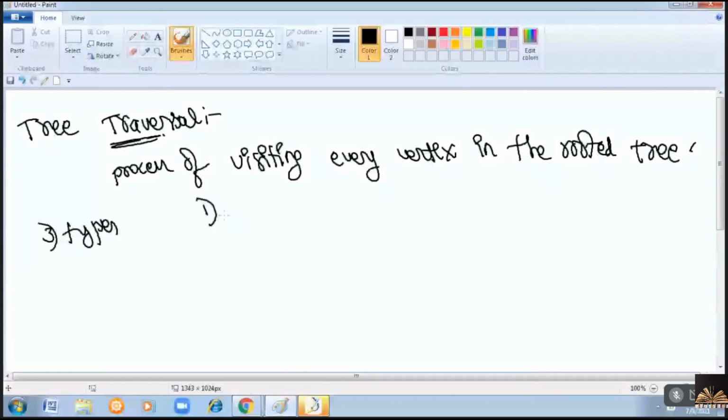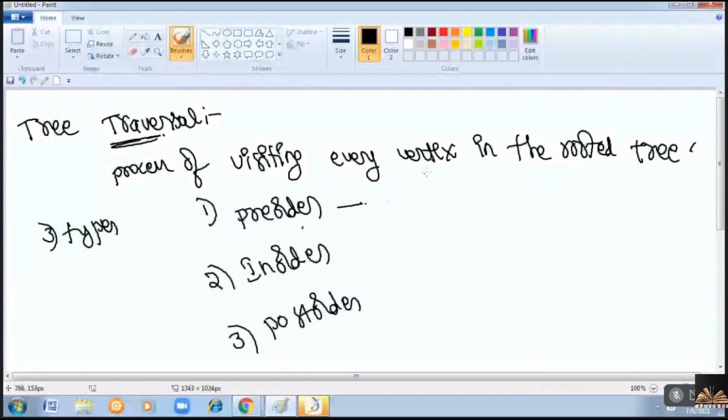So how will you visit the vertices using the traversals? For pre-order, first you visit the root, next the left subtree, and then the right subtree. For in order, first you visit the left subtree, followed by the root, then the right subtree.